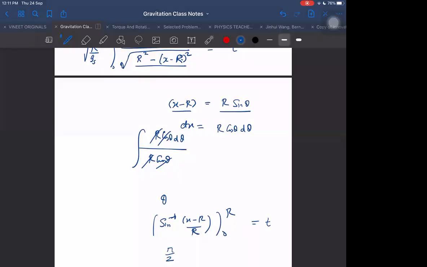Positive only, so pi by 2. Then write pi by 2 into root of r by g. That is the full time in terms of the records.